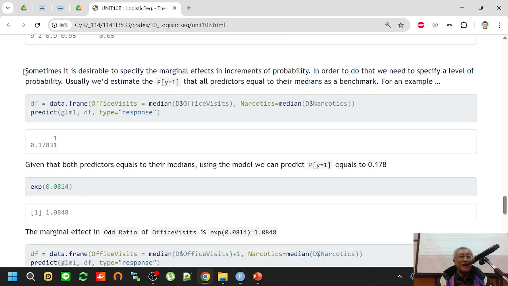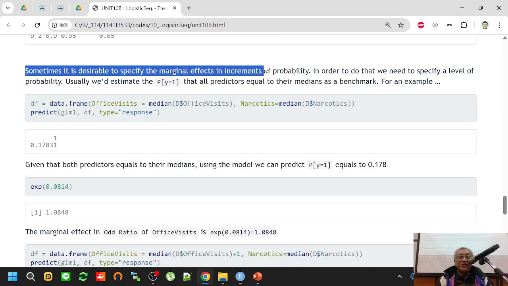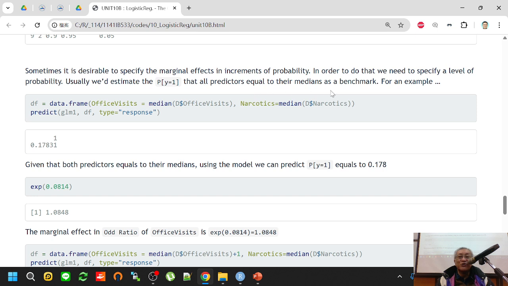Actually, from time to time, instead of knowing the odds ratio, we want to know the increment of probability. For example, if I smoke one pack of cigarettes, the risk of lung cancer would be increased by how many percent?